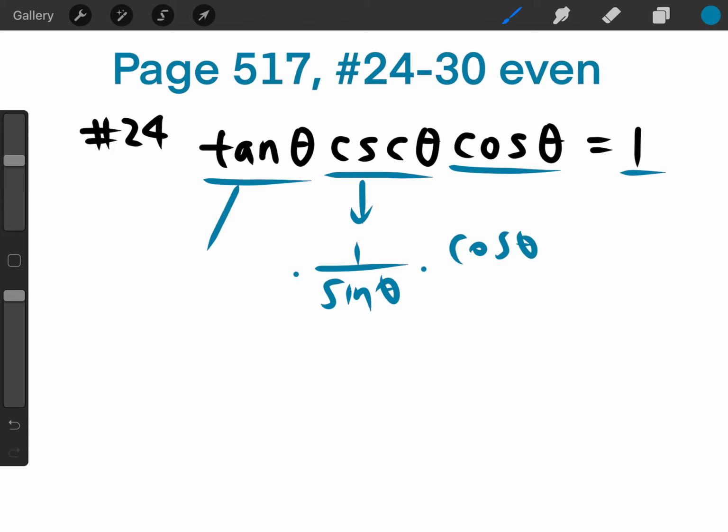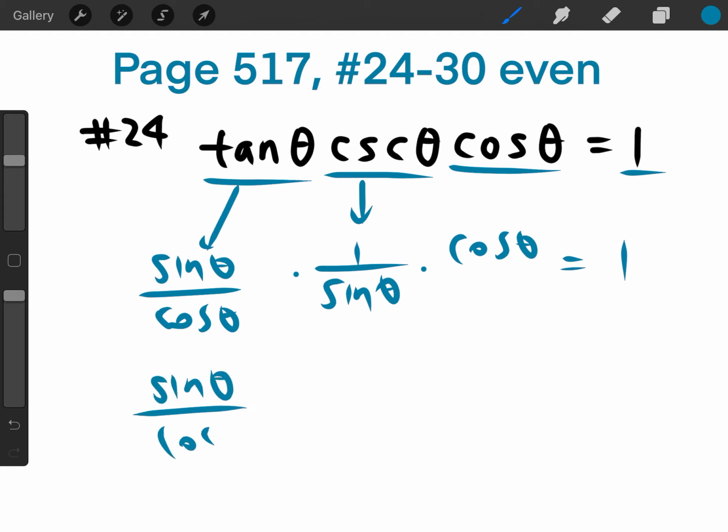We know that cosecant is 1 over sine theta, and then you multiply by cosine theta, and then we're going to have to change the tangent to sine theta over cosine theta.